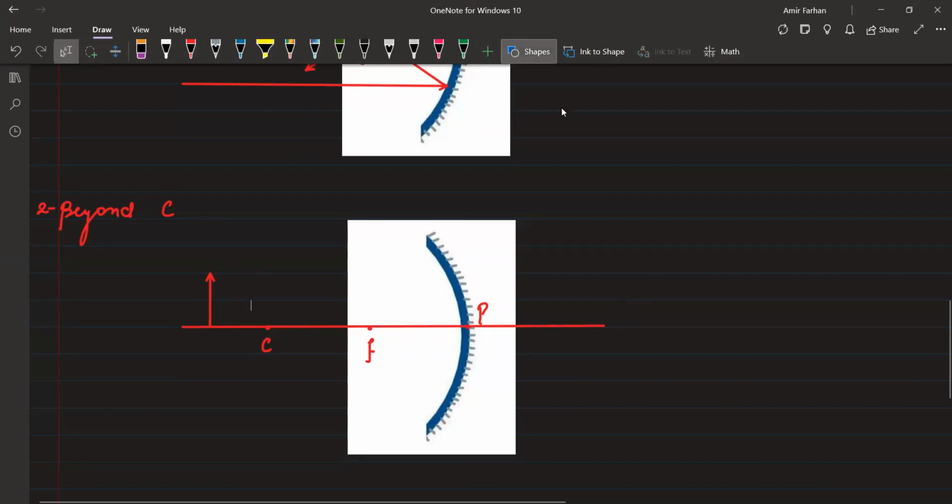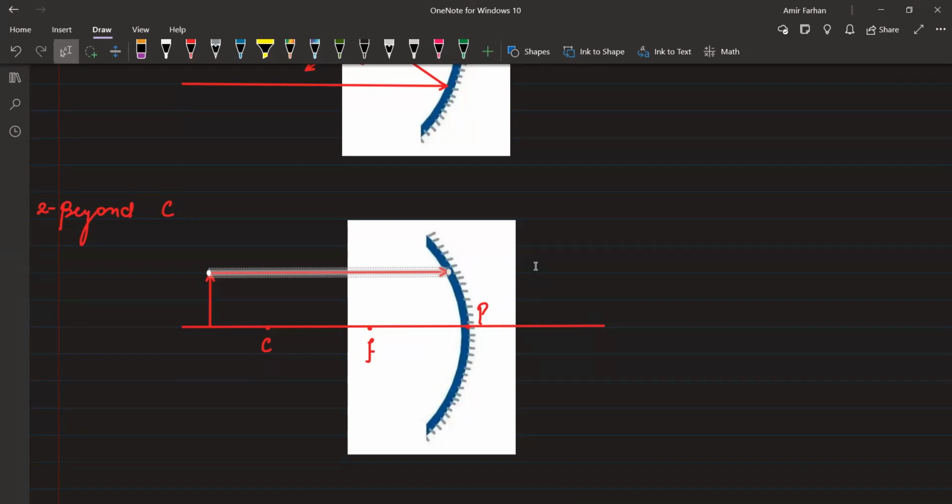So first ray should be parallel to the principal axis. Yes or no? Every time whenever you draw the image ray diagram, you have to take the first ray parallel to the principal axis irrespective of the position.